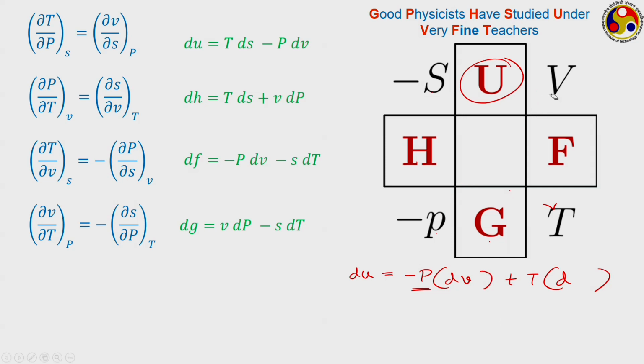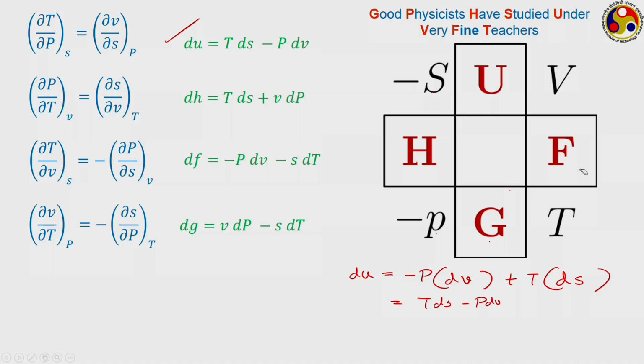Similarly, for getting T, we have to go to the opposite of this, which is S. We generally do not consider the negative sign while writing the differentials. So it is T dS minus P dV, if I write in proper sense, which is this equation. Let us take another sample.